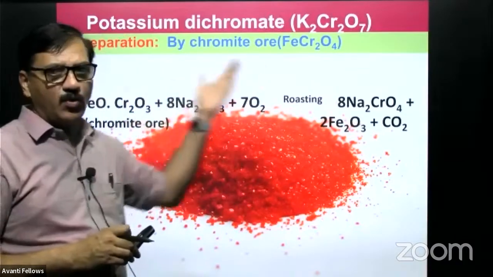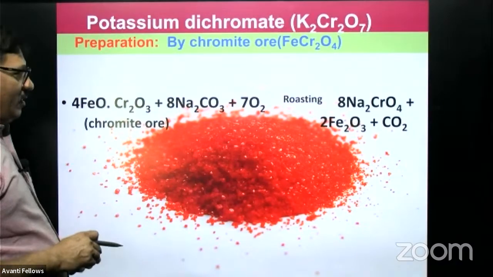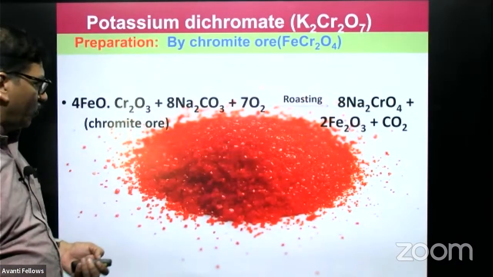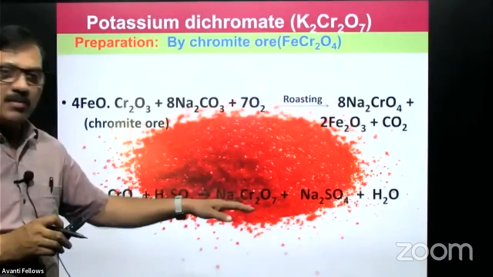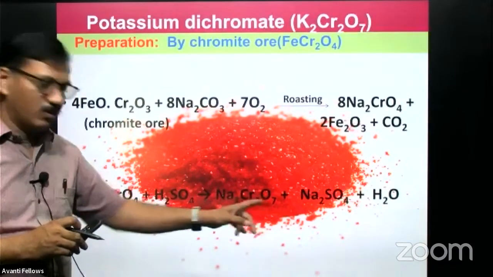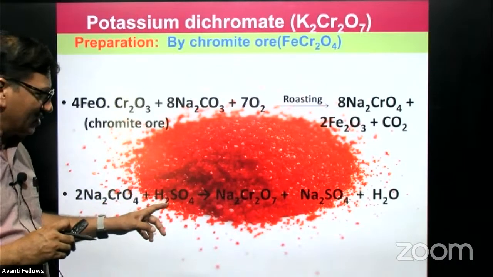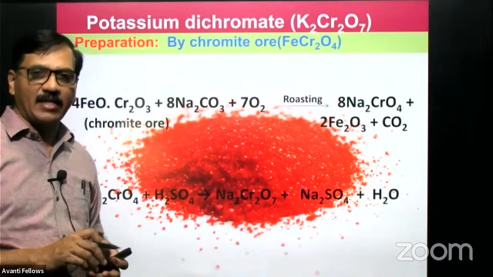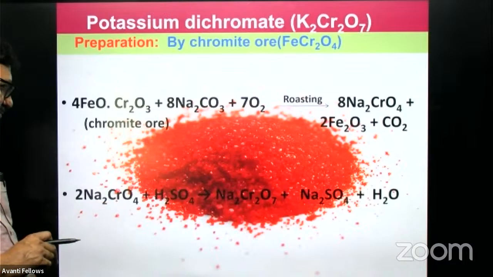Then Na2CrO4 is to be converted into sodium dichromate, Na2Cr2O7. When you add sulfuric acid, acidification, sodium chromate will be converted into sodium dichromate, sodium sulfate and water.